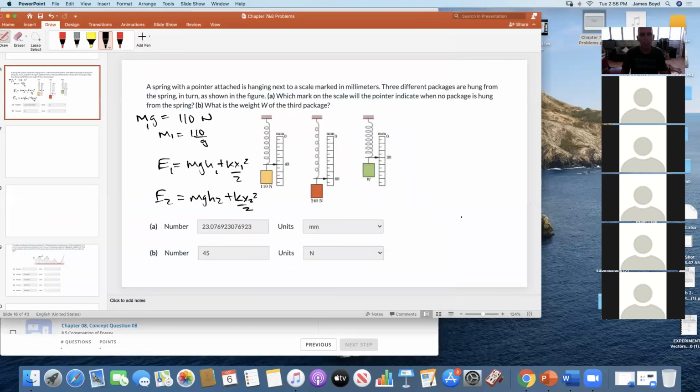I believe this problem is, where'd my stupid book go? Right in front of my face. This problem is problem 67 and 7.